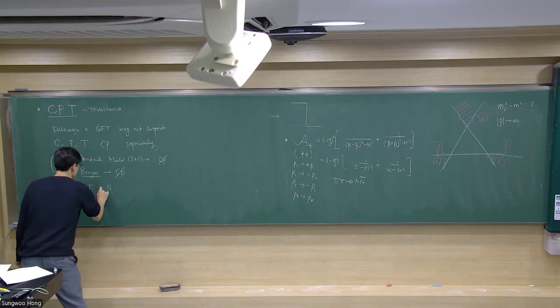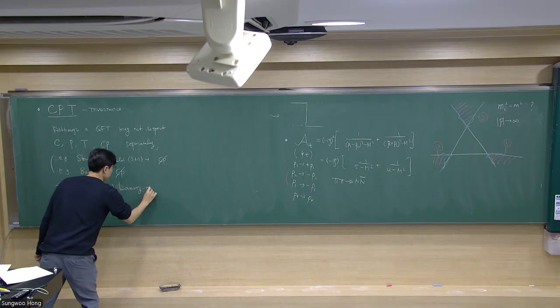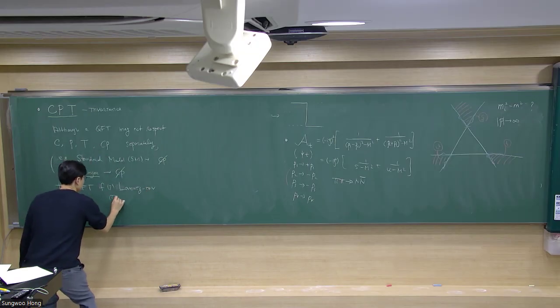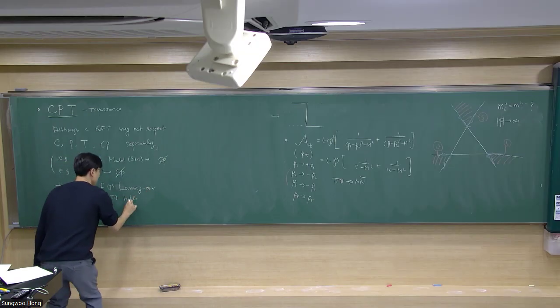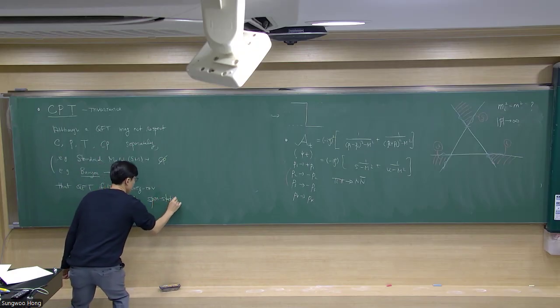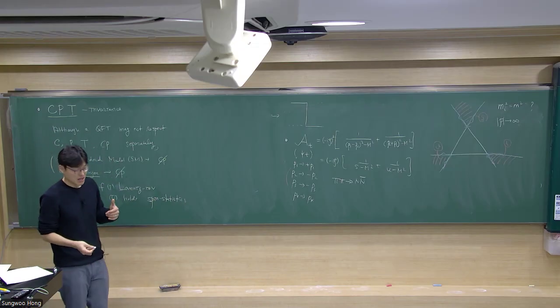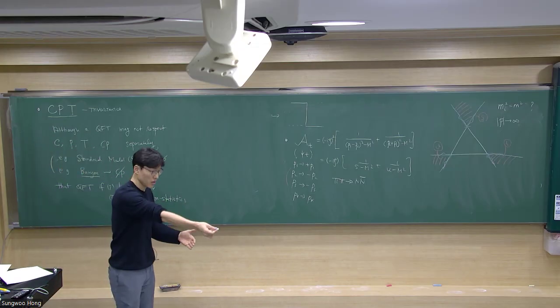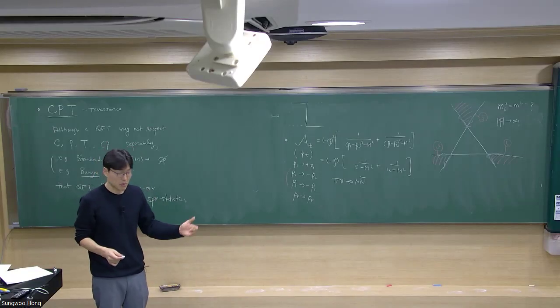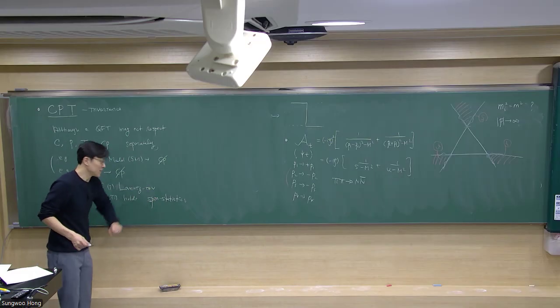provided it's Lorentz invariant and satisfies what is known as spin statistics, meaning integer spin is a boson, half-integer spin is a fermion. It's called spin statistics, okay?